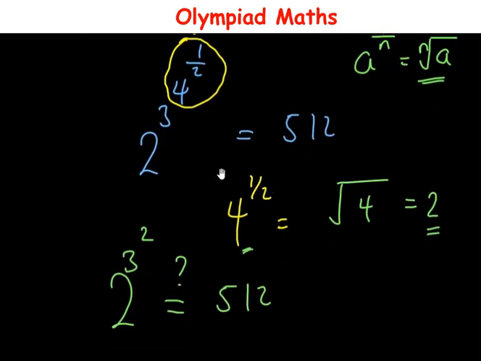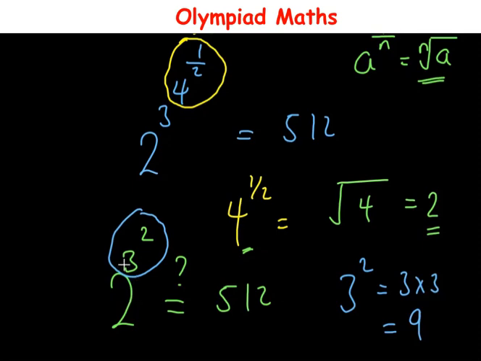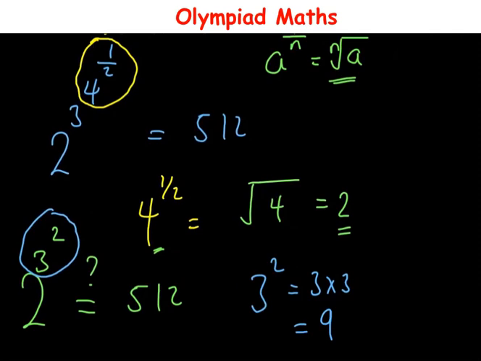Now with this, the next thing for us to do is to then simplify the next two powers, which is 3 raised to power 2. Now we have 3 raised to power 2, which equals 3 times 3, and this will give us 9. So therefore, in the place of 3 raised to power 2, we'll bring in 9. So this then becomes 2 raised to power 9, will equal 512?